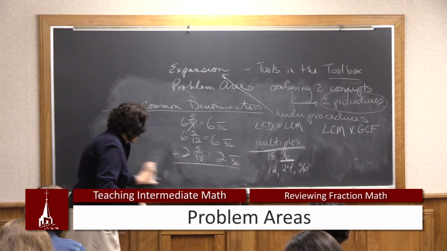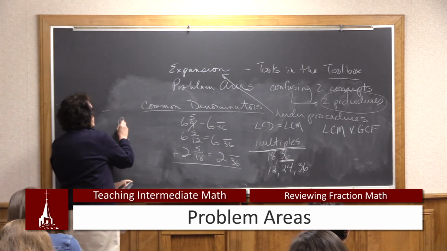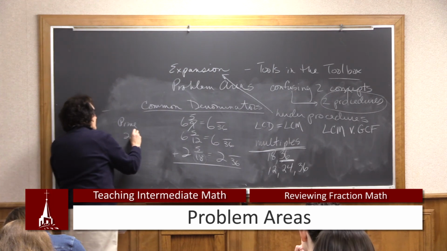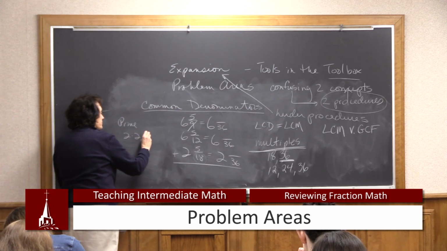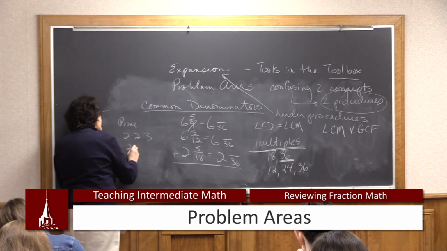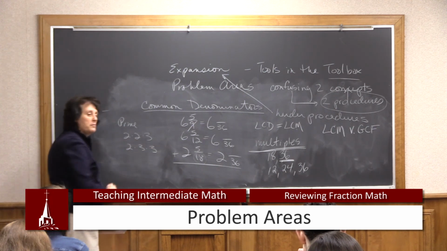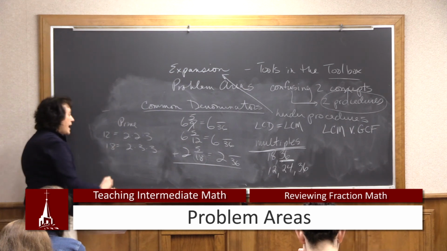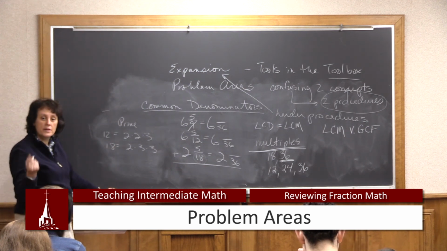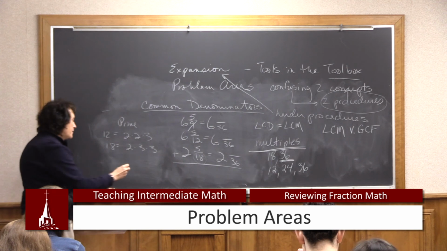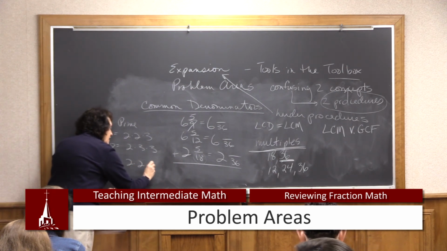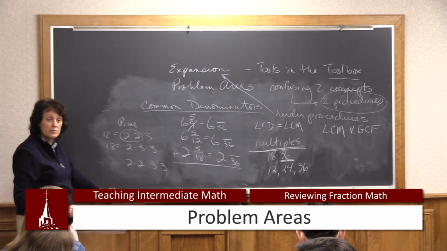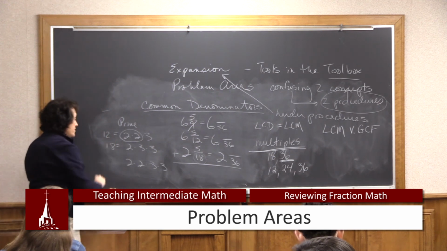The last tool is the prime factors. I prime factor my 12. And I prime factor my 18. And I assemble the composite. How many 2's do I have to have? I have to have 2 so that the 12 goes in.